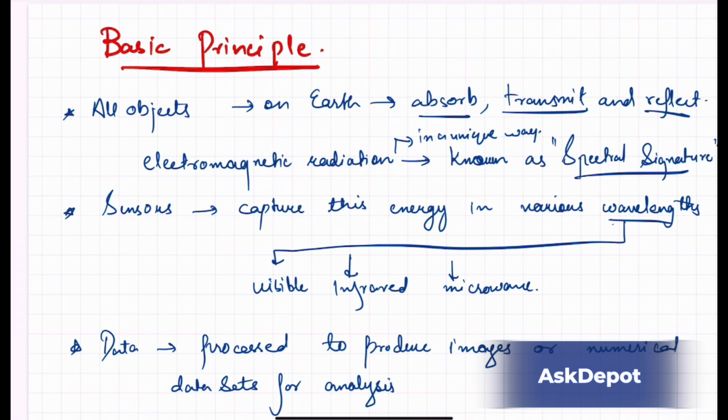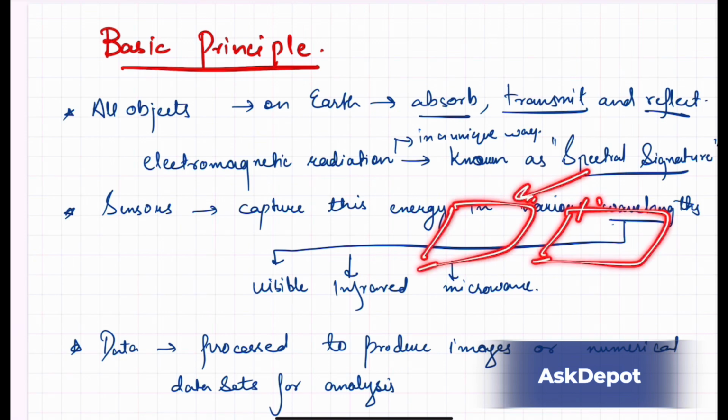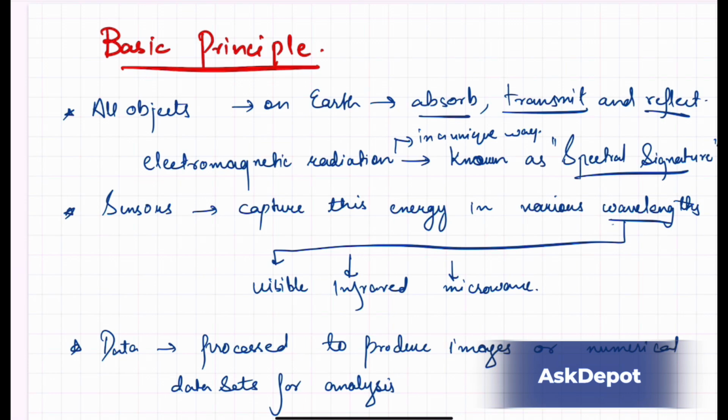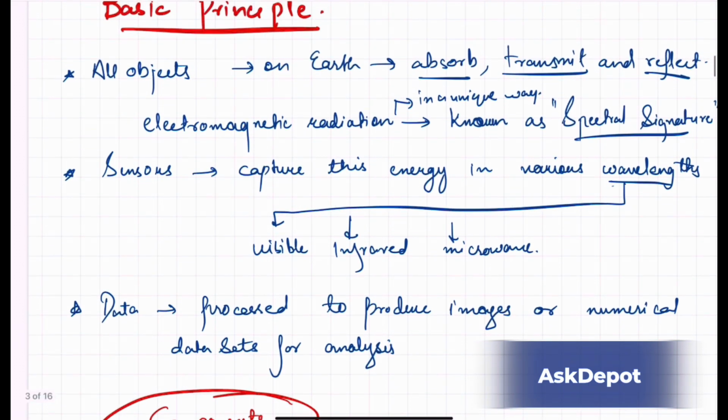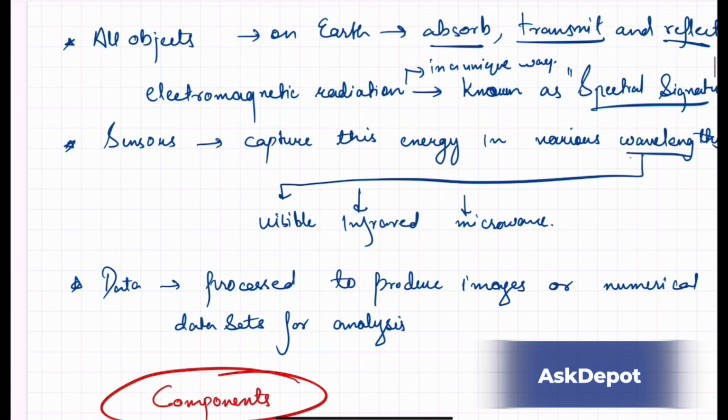And they have a spectral signature. The spectral signature of open land will be different from that of land containing crops. The sensors capture this energy in various wavelengths, visible, infrared or microwave, and then the data is processed to produce images or numerical data sets for analysis. So this is the basic principle of remote sensing.